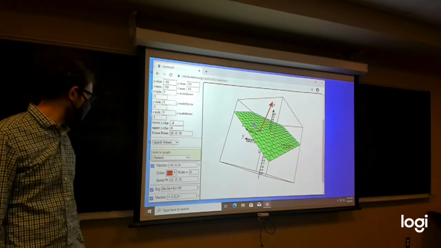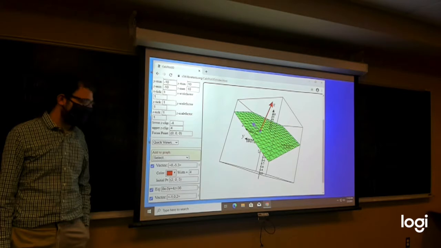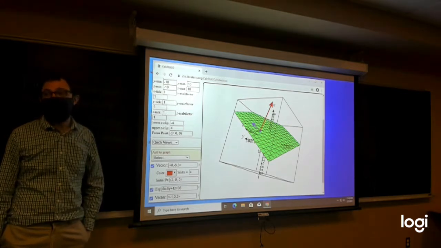Yes, I know I'm giving you, if you look at the screen, you can find the plane and the normal vector. See if you can find it without looking at the screen.